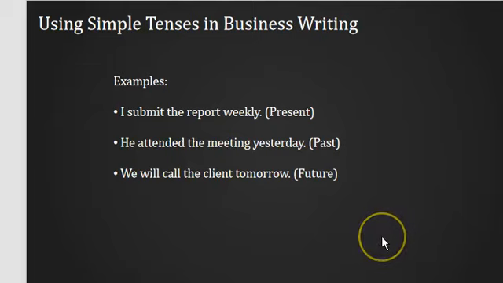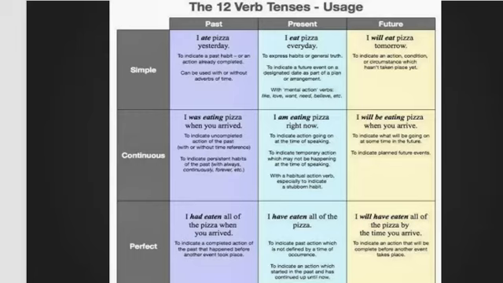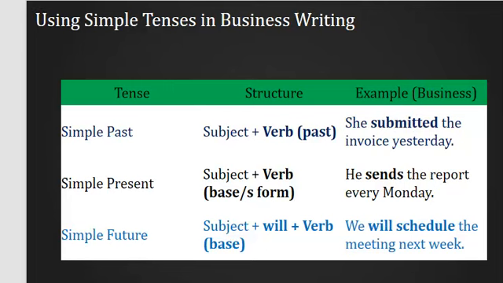Choose the right one based on whether you are talking about the past, the present, or the future. So here, I would like to recommend you to use tenses on the top boxes here. Simple past, simple present, and also simple future when writing a business letter or a business email.